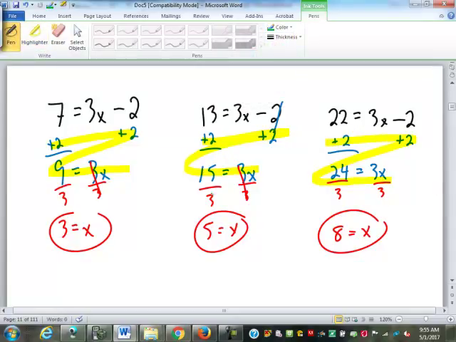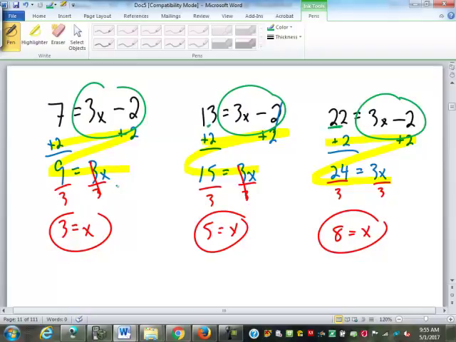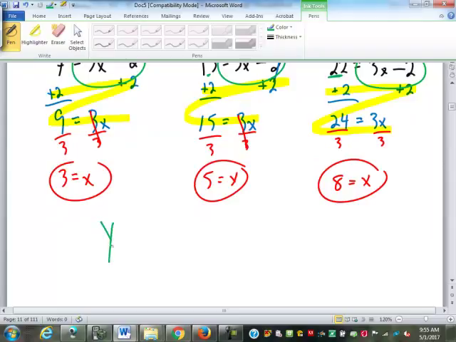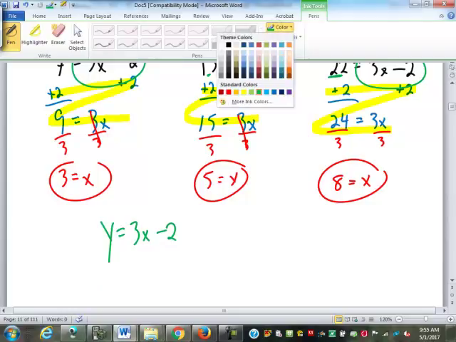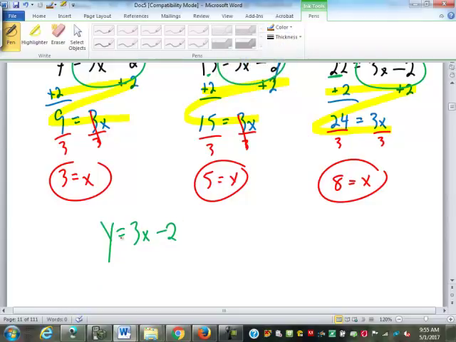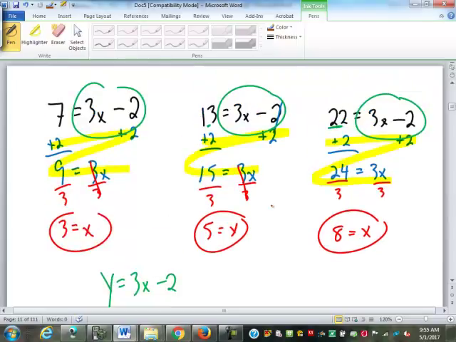This is what is referred to as a family of equations because they all have the same form here, just a different value on the other side. I can represent that whole family of equations like this. Y equals 3x minus 2. And now what I have here is all the possibilities.